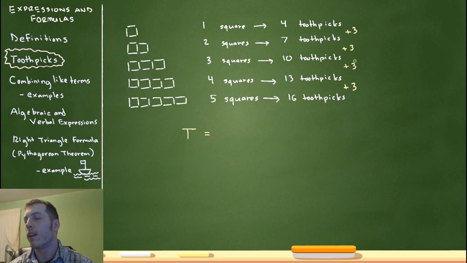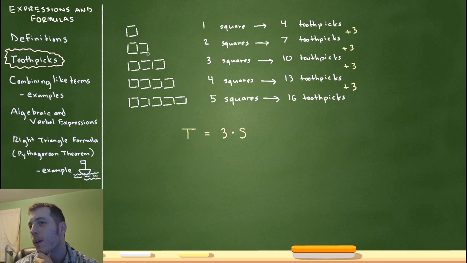So remember, repeated addition is multiplication here. So if we do 3 times the number of squares, okay, so total toothpicks equals 3 times s, the total number of squares. Will that tell us how many toothpicks we need? Well, let's see. If we have 1 square, this will say 3 times 1 is 3. So we would need 3 toothpicks for 1 square.